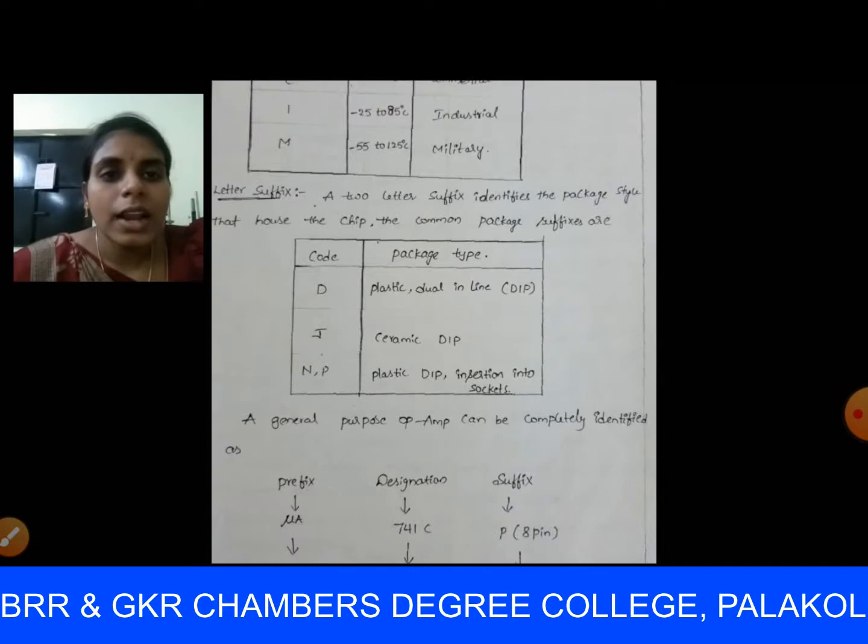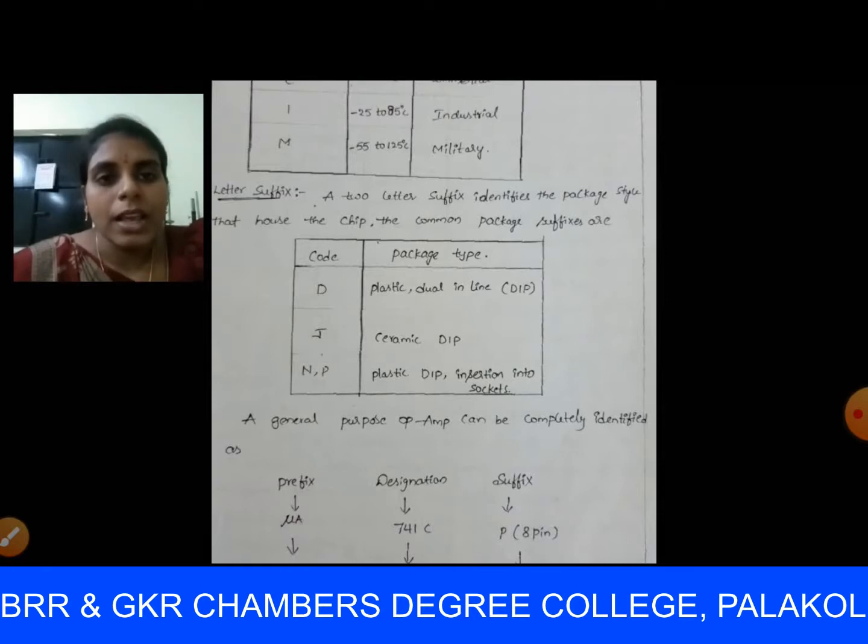Here the letter suffix identifies the package style, the housing of the chip. The common package suffixes are given with code and package type. D represents the plastic dual inline package, DIP. Dual inline is nothing but DIP. The letter J represents ceramic DIP.